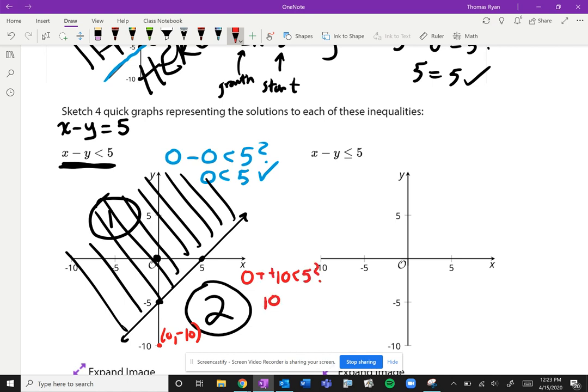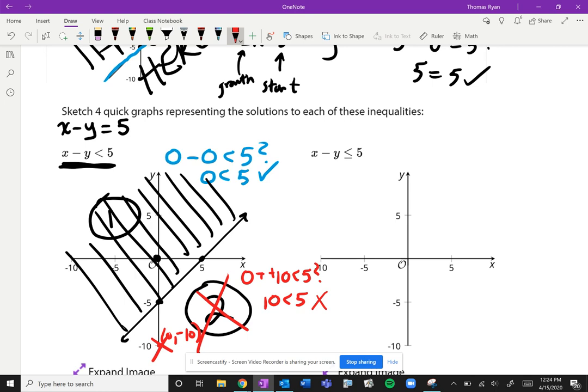Minus a negative gives us 10. Is 10 less than 5? No way. So this is not a solution. Therefore, none of area 2 is a solution. So it's got to be area 1. So once you find a solution on either side of the line, every single thing on that side of the line also is your solution area.